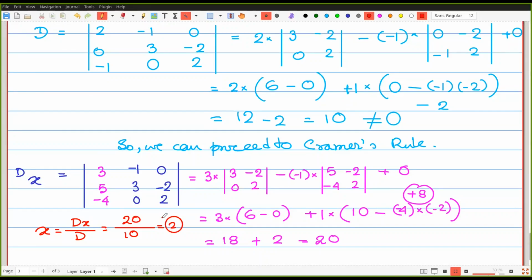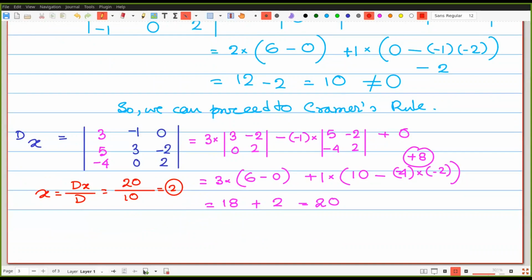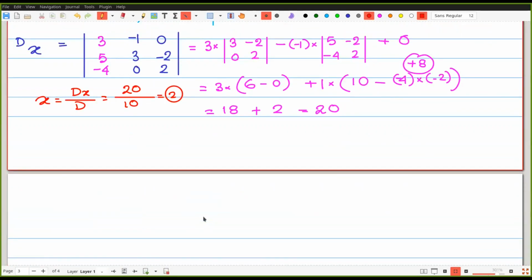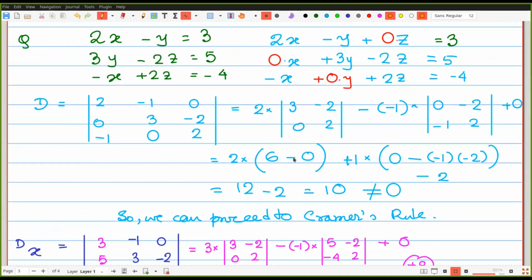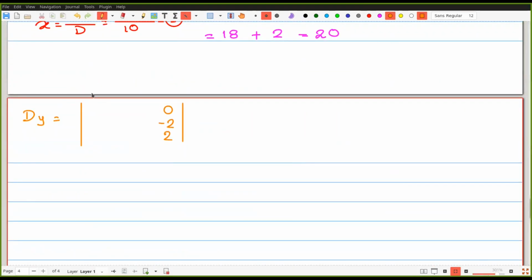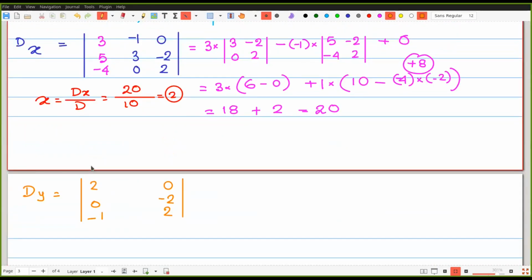Next, find the value of dy. Same as before, in that case the second column is replaced: the first column is 2, 0, minus 1, the third column is 0, minus 2, 2, and the second column must be 3, 5, minus 4.